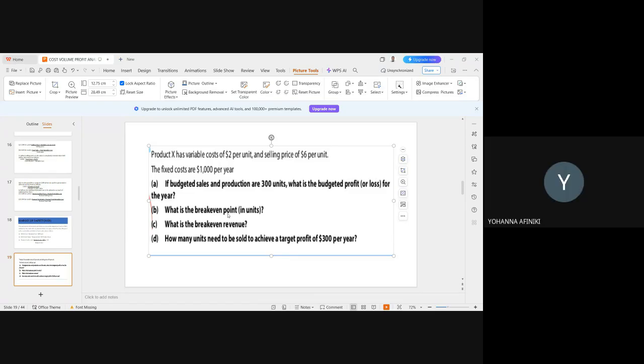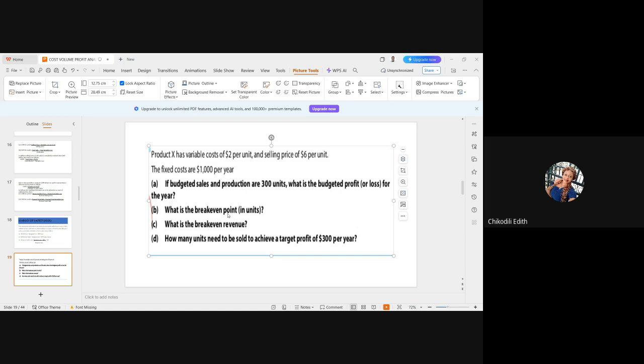We deduct our variable cost, which is 2, multiplied by the production unit, 300. 2 multiplied by 300 is 600. If we minus 600, that is the variable cost, from the revenue, we'll get a contribution of $1,200. We now deduct our fixed cost of 1,000. Now we get $200 as the profit.